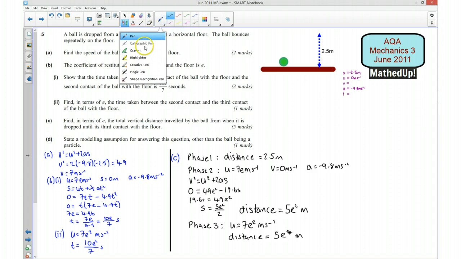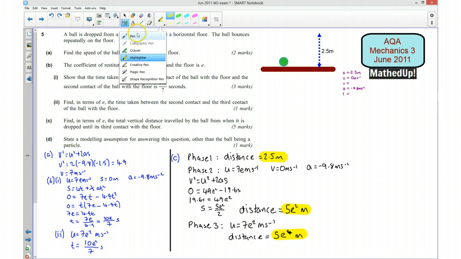So our distances that we've found: we've got 2.5 meters in phase 1, we've got 5e squared meters in phase 2, and we've got 5e to the power of 4 meters in phase 3.